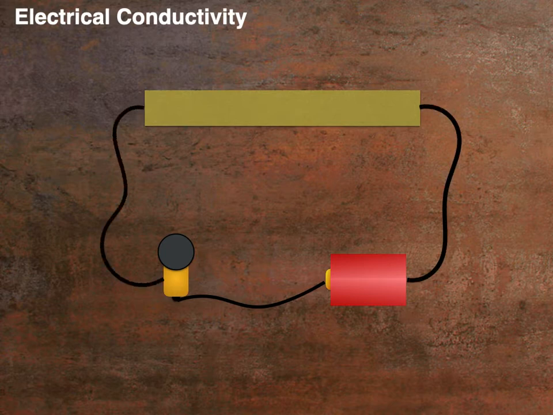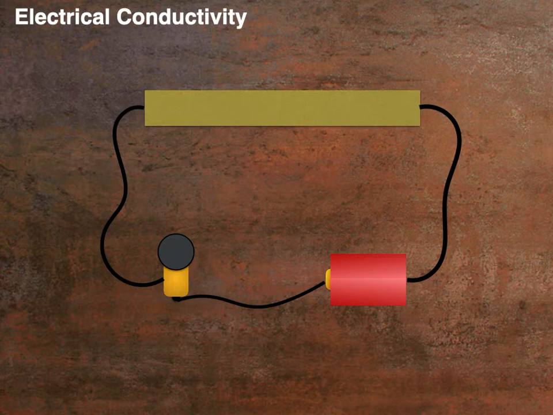Now, if that test substance lets electricity flow, then that circuit will be complete. If it doesn't let electricity flow through it, then that circuit is not complete. So, if the bulb stays off, then electricity is not flowing through the substance because the circuit is not complete.